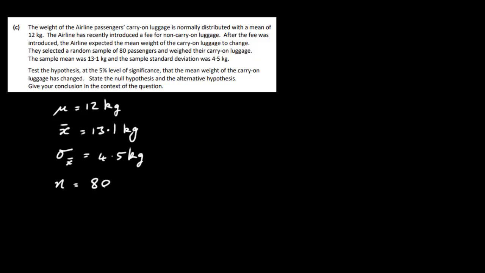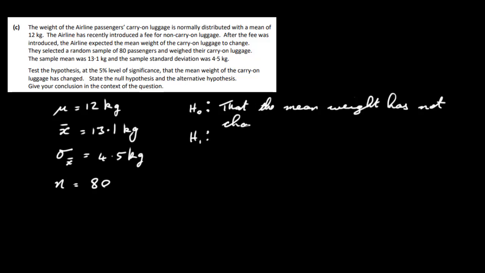Okay, so we've got to state H0 and H1. So H0, our null hypothesis, is that the mean weight has not changed. So in other words, mu is still equal to 12 kilograms.